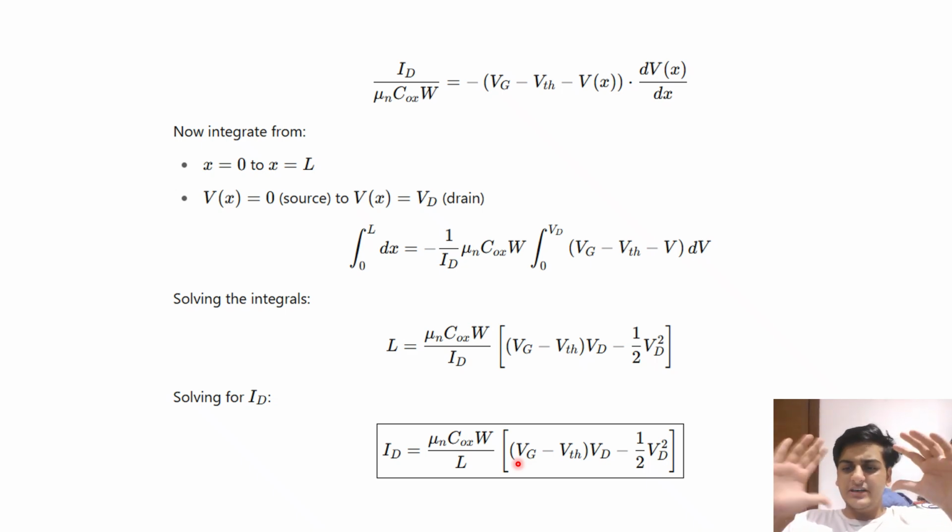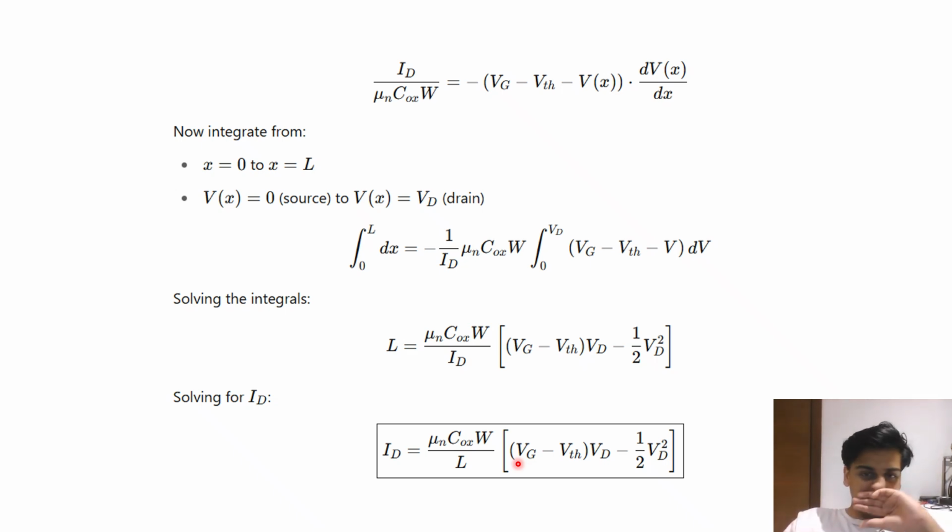We treated the vertical and horizontal electric field separately, used that expression for drift, and integrated it to get the drift current. That's all that we essentially did.